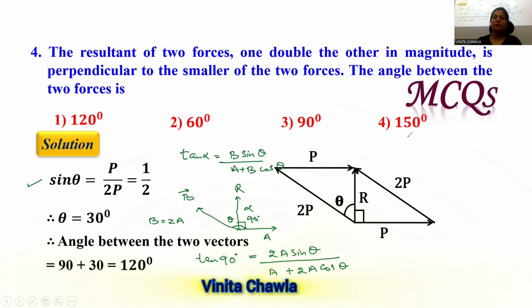We can write tan 90 as 1 upon 0 is equal to 2a sine theta upon, we can take a common, in the bracket we will have 1 plus 2 cos theta. a से a कैंसिल हो जाएगा, क्रॉस मल्टीप्लाई करोगे ये वाला आपका 0 हो जाएगा, and now we have 1 plus 2 cos theta is equal to 0. Any doubt? Any doubt? No?